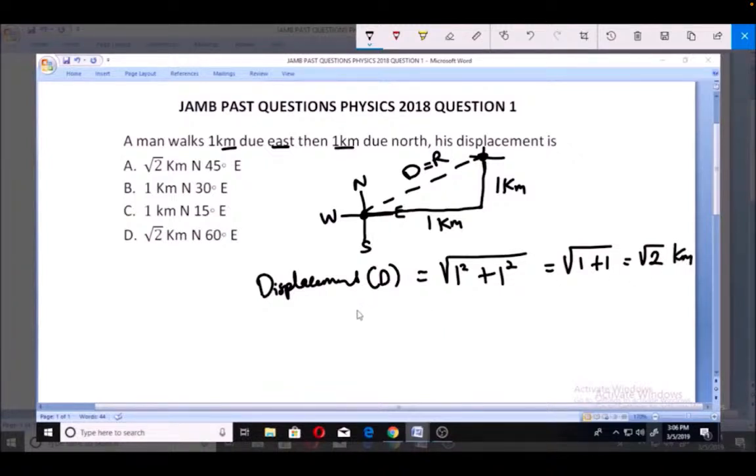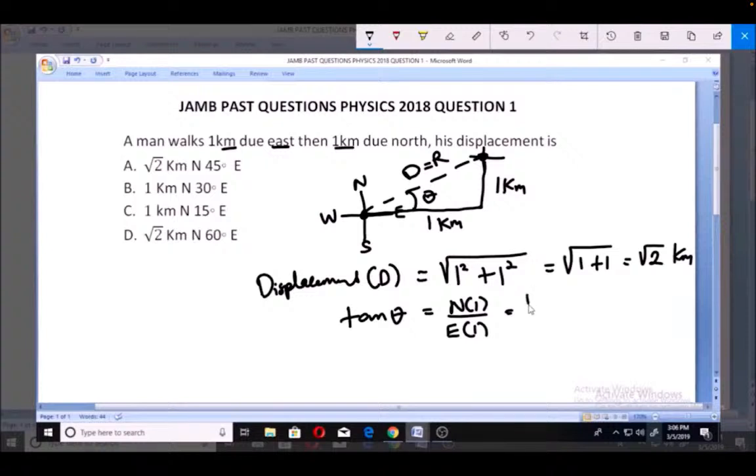But whenever you're talking about displacement, you need to check both the distance and the direction. So the direction here we can find using tan theta, and tan theta, if you have here as the theta, the tan of this is simply this over this. So the direction to the north, which we know is 1, all over the direction to the east, which we also know is 1.